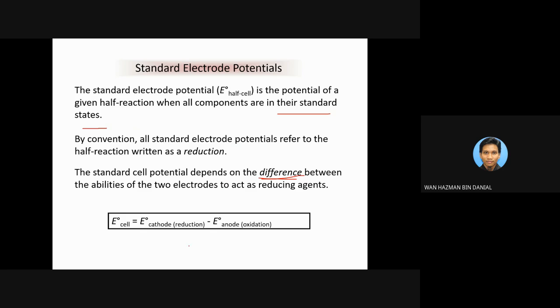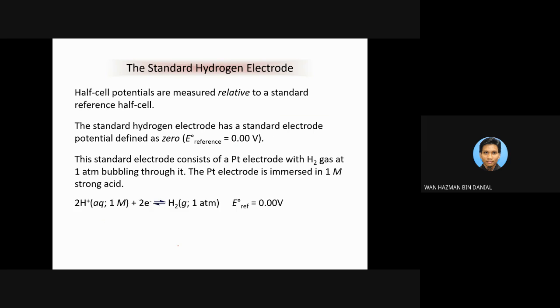Okay, so this is the formula. So E node cell is equal to E node cathode minus E node anode. So this is always the formula. Okay, nanti kita tengok dia punya contoh dia.